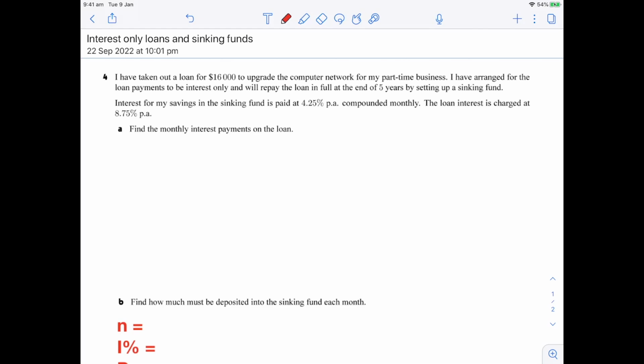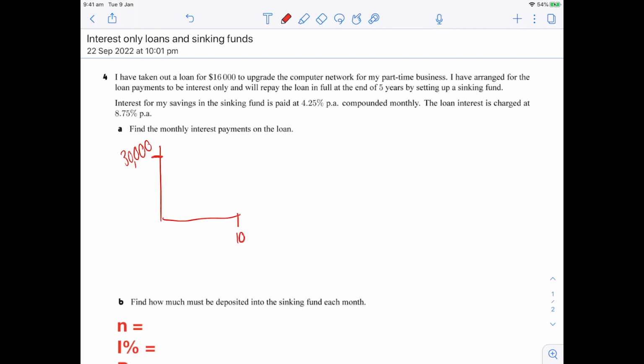So, an interest-only loan is where you only pay the interest amount on the loan. You're not actually paying off your loan. So if I show you a little example, say you get a loan for $30,000 and it's over 10 years.